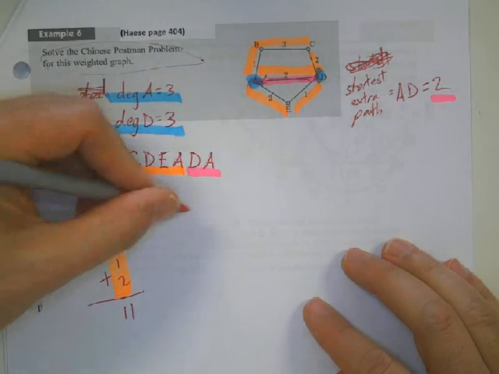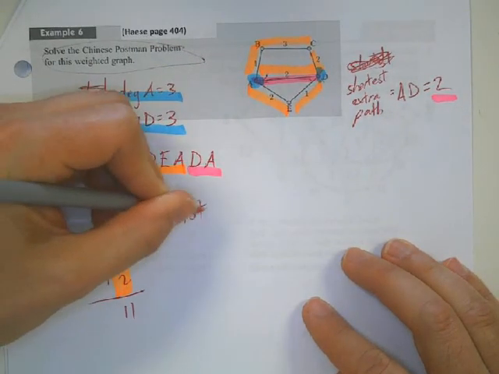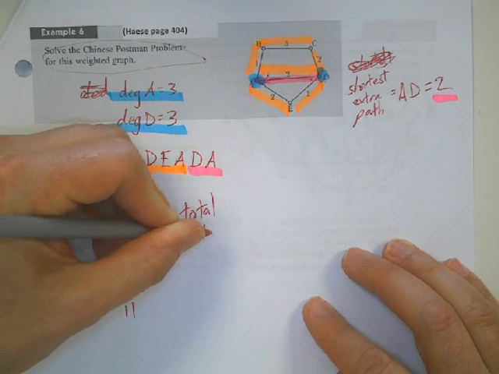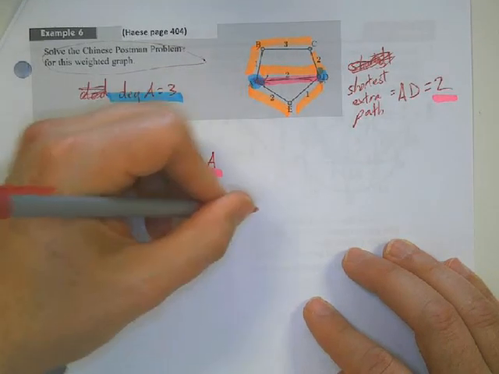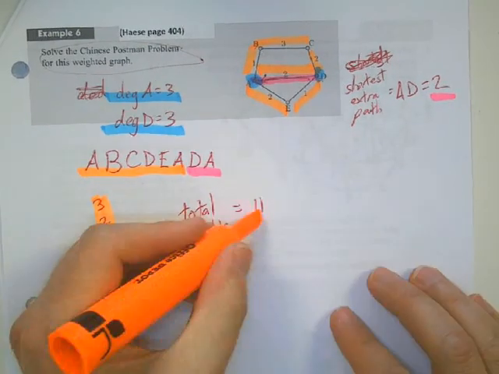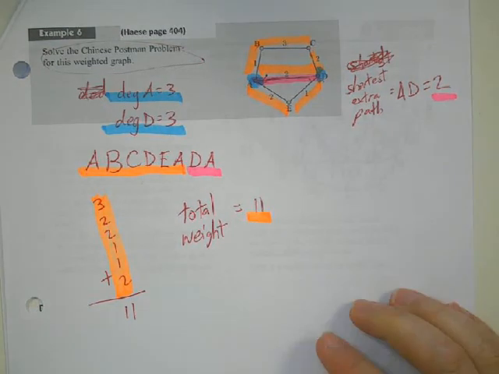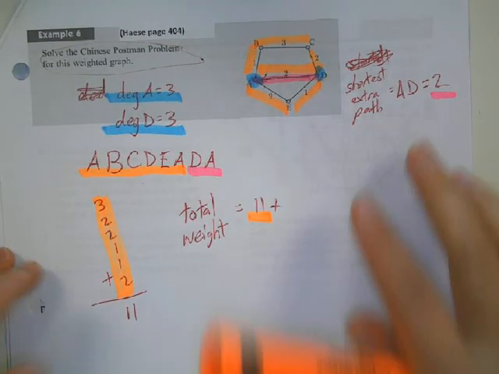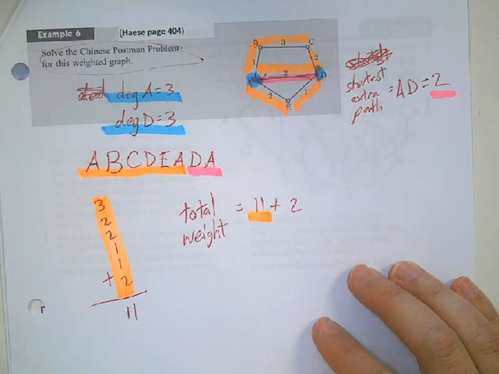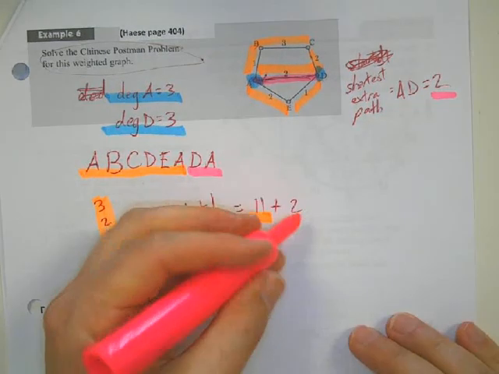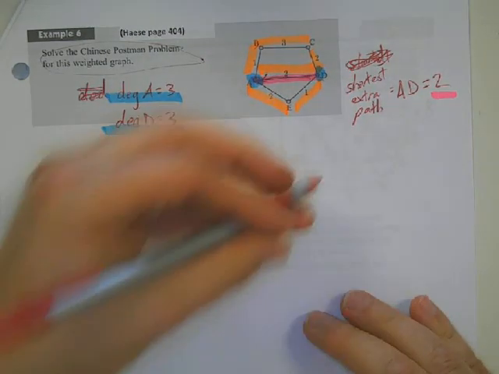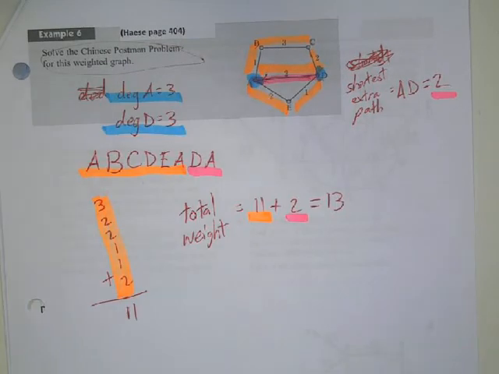So my total weight is equal to 11 plus my duplicate extra short path, which is 2. And so my total weight is going to be 13. Okay.